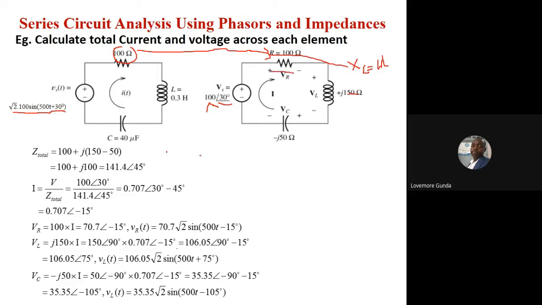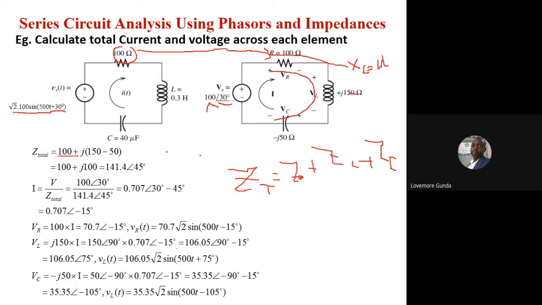These components are in series as usual. So you realize that Z total will be equal to Z across R plus Z across L plus Z across C, right?